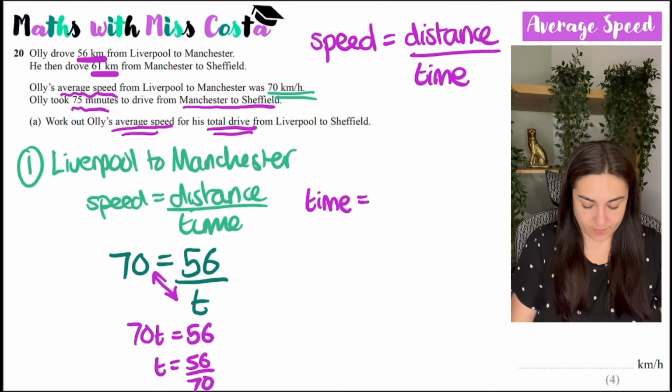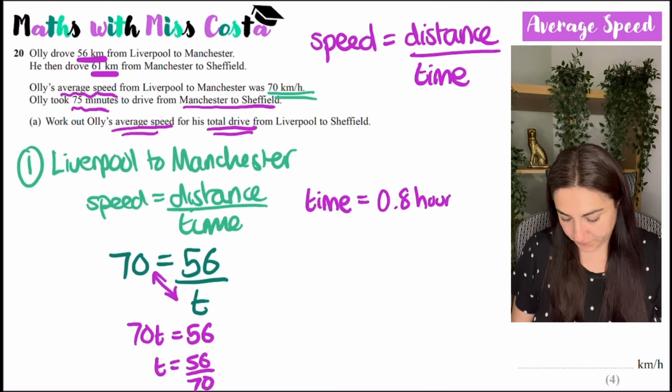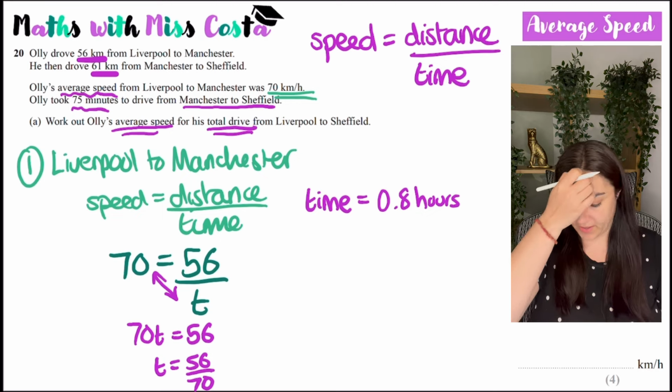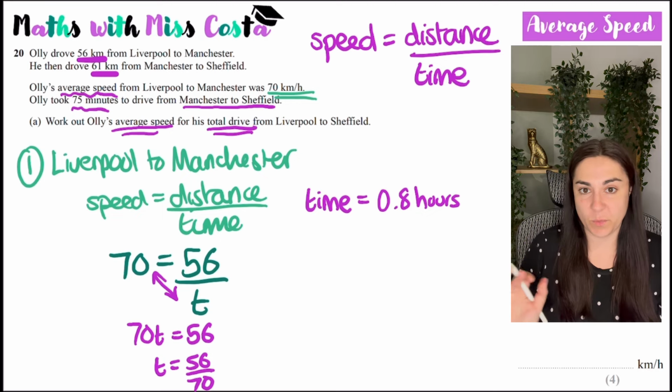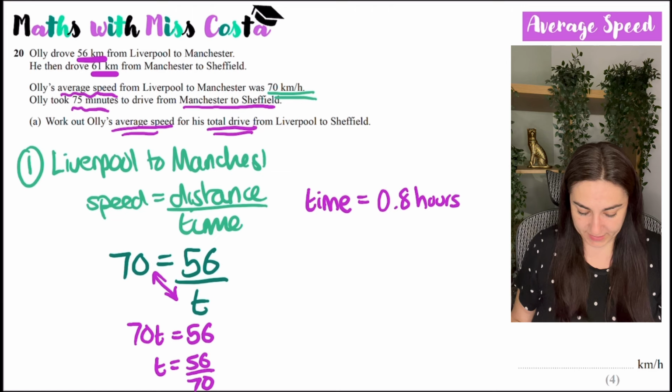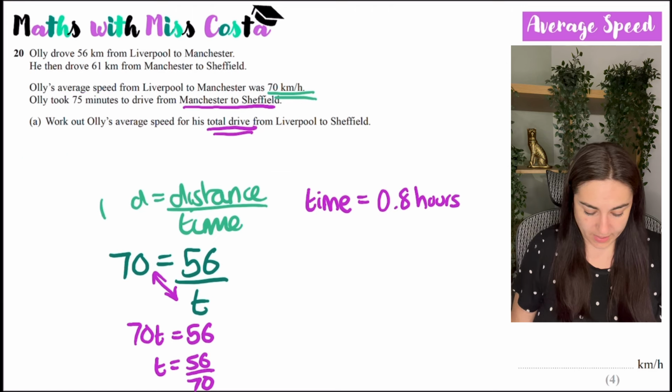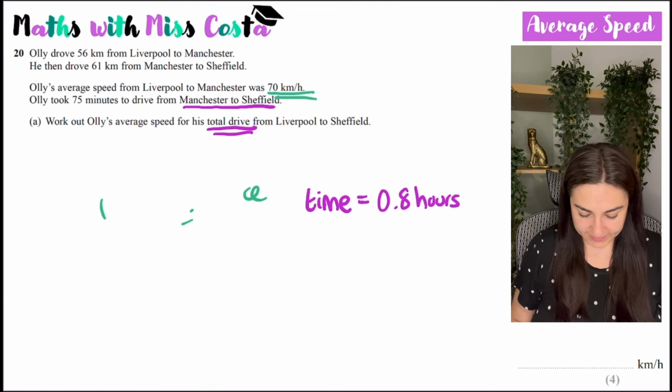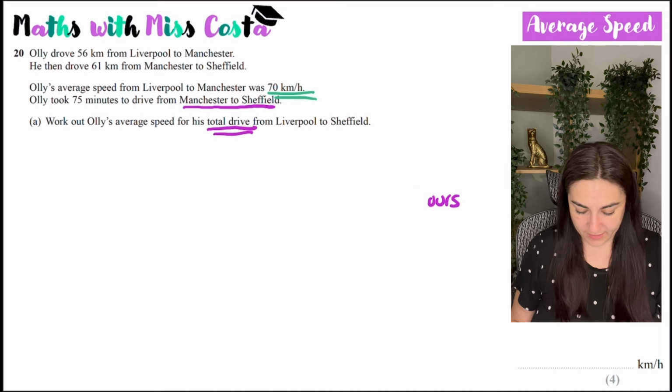which is 0.8 hours. So I don't need to convert that into minutes yet, because when we're dealing with speed, distance, time, it's always best to use it in hours. So let's just write that key piece of information there.